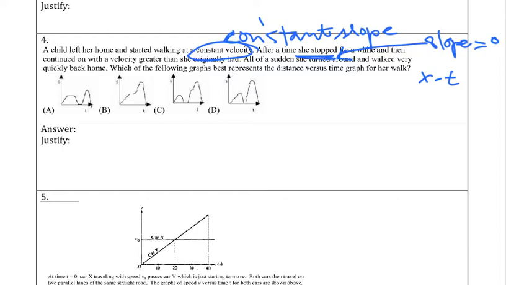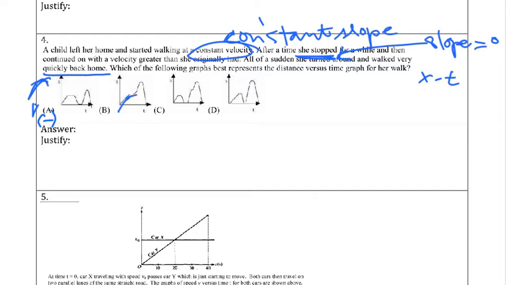Okay, so if she walked very quickly back home, that means the velocity is going to be negative and steep. Okay, so she's walking along at a constant velocity.